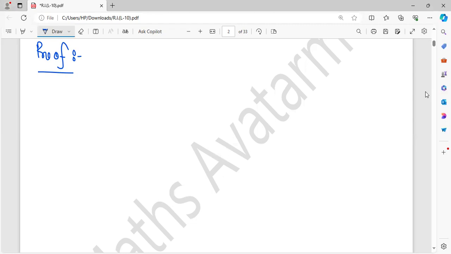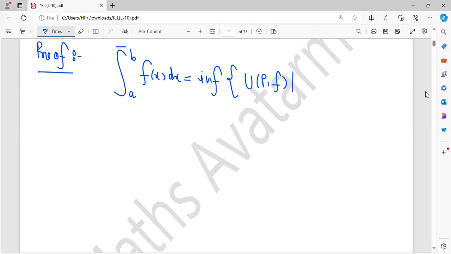We know that the upper integral from a to b is the infimum of U(P, f), where P is a partition of the closed interval [a, b].